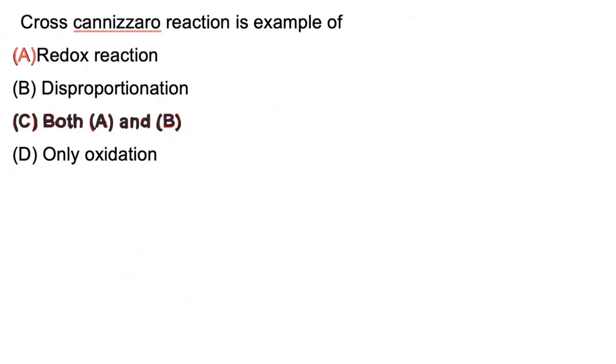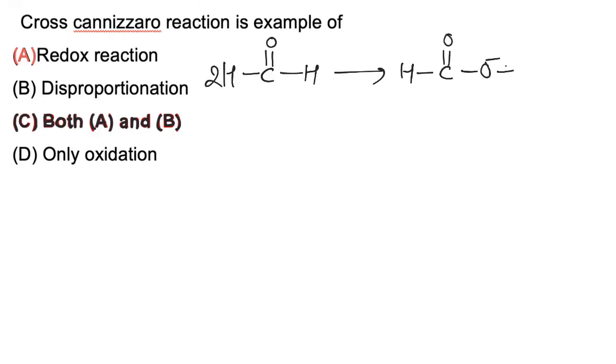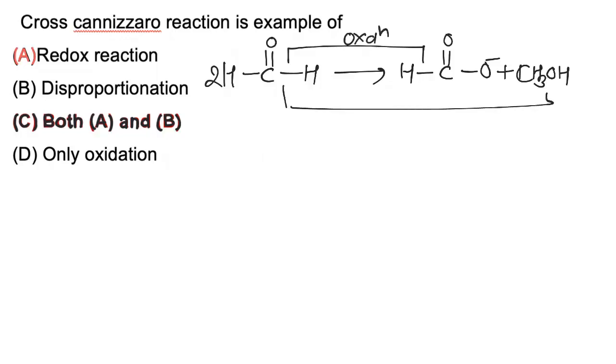Now cross Cannizzaro reaction is of two types. If both aldehyde groups are identical, like formaldehyde is taken, then one molecule will be converted to acid salt and the other molecule will be converted to alcohol. So the same compound is being oxidized and the same compound is being reduced.